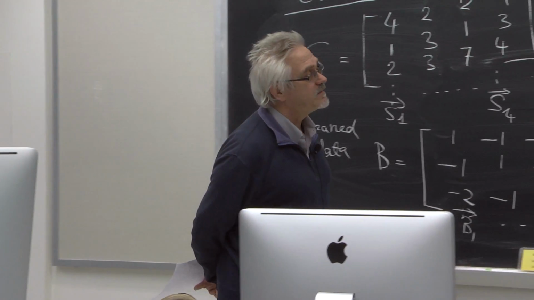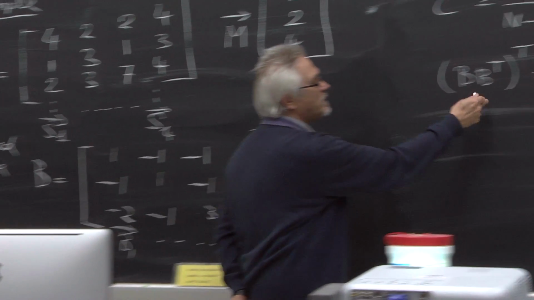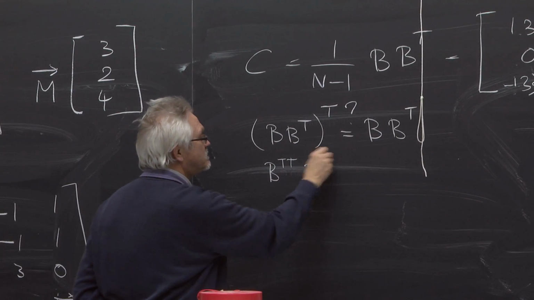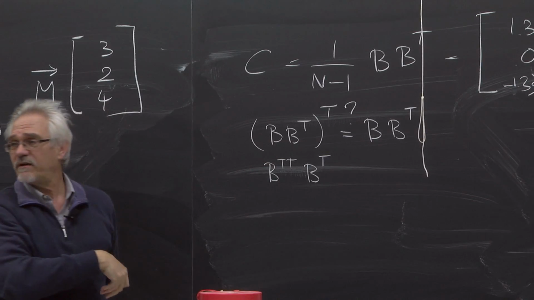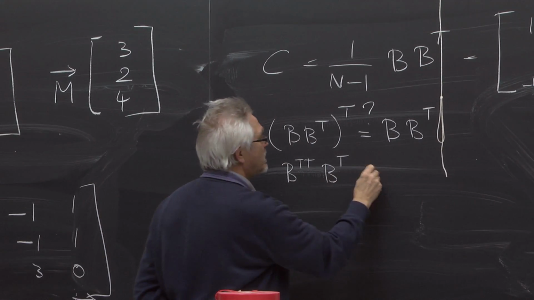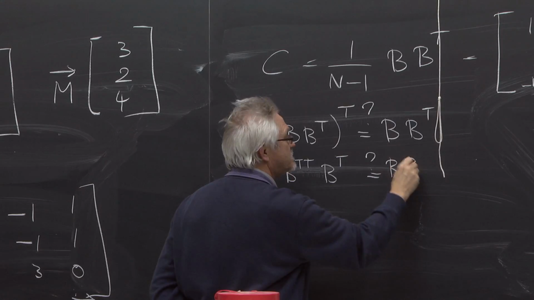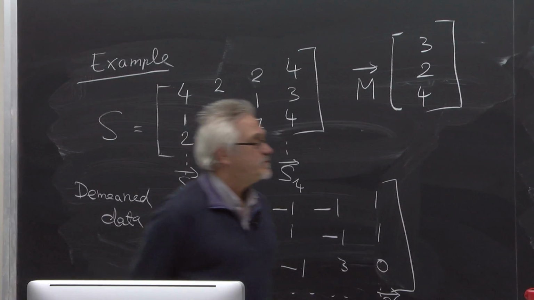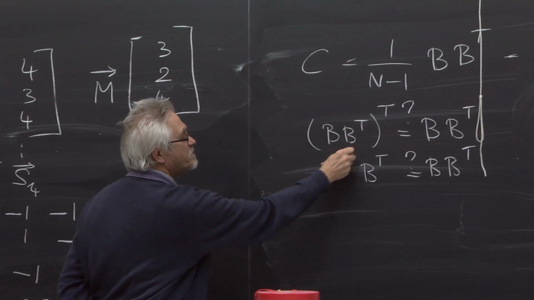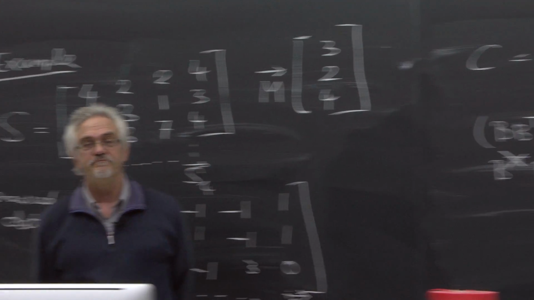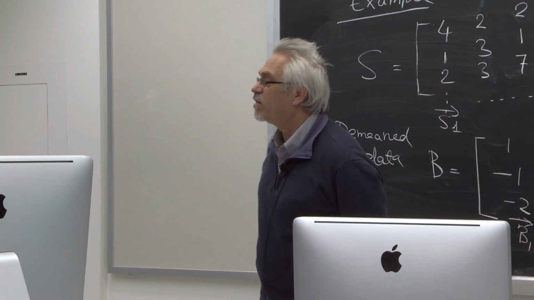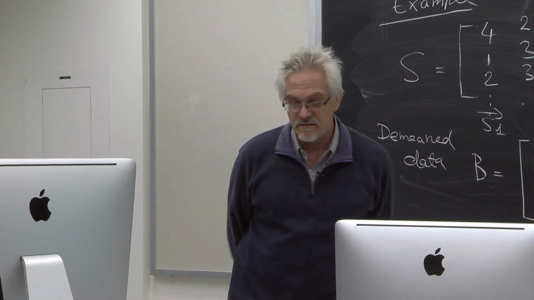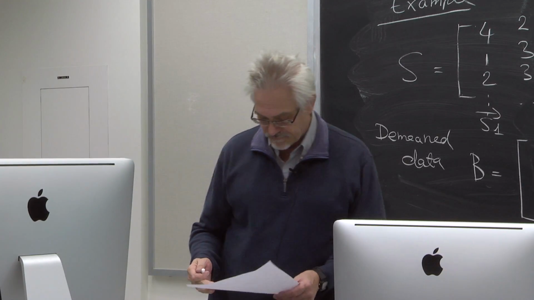And you can easily see that that is true as well, because if you expand this, you get B^T^T, B^T, because you have to change the order now, if I take the parentheses away. And the question is, is this the same as B^T? And the answer is absolutely, because the transpose of the transpose is basically itself again. And so you can also apply a simple linear algebra rule to demonstrate that this is a symmetric matrix.